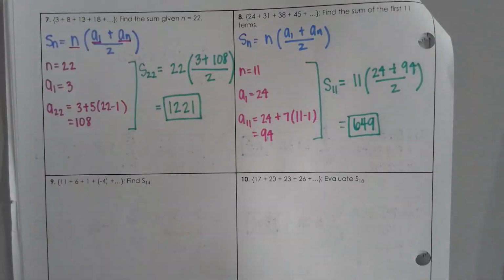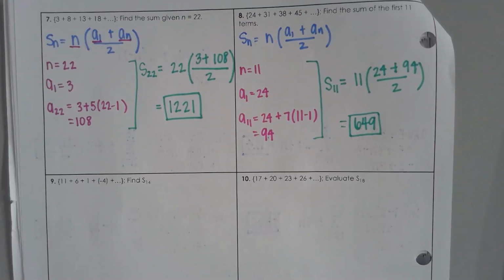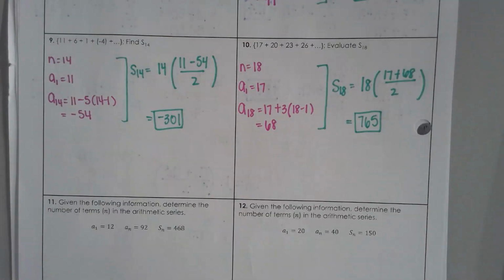You get 649. Try numbers 9 and 10. Number 9, you should get negative 301. And number 10, you should get 765. Are there any questions?